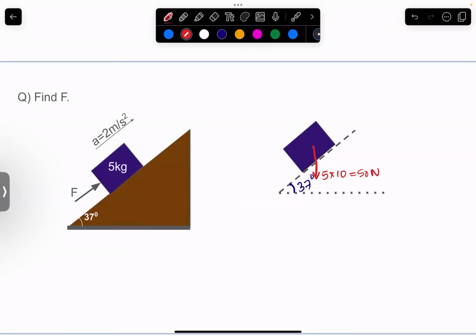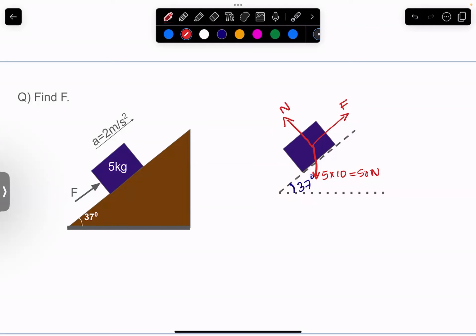The force F given here is acting parallel to the inclined plane, so we will draw it over here. Because of contact with this inclined surface, there will be a normal reaction perpendicular to the contact surface. So we draw the normal reaction like this.